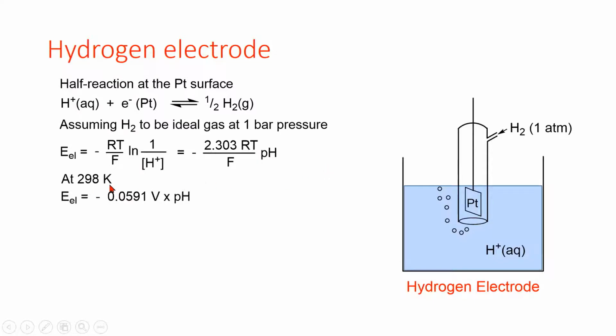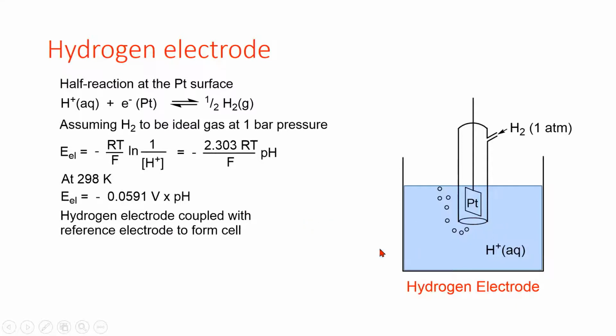At 298 Kelvin, we can write potential of electrode is equal to minus 0.0591 into pH. Hydrogen electrode, when it is coupled with the reference electrode in order to form the cell, can be written as reference electrode, salt bridge, hydronium ion whose concentration is to be determined in contact with hydrogen gas at 1 atmosphere in platinum electrode.